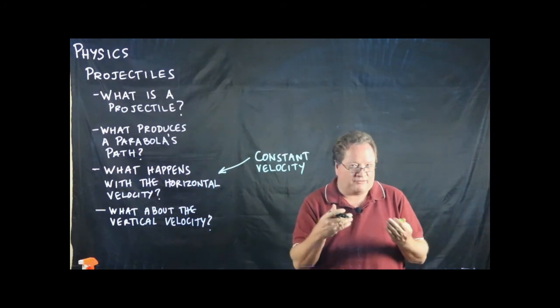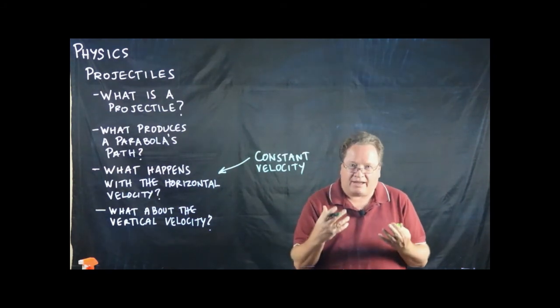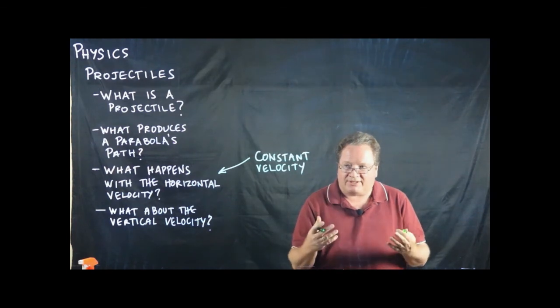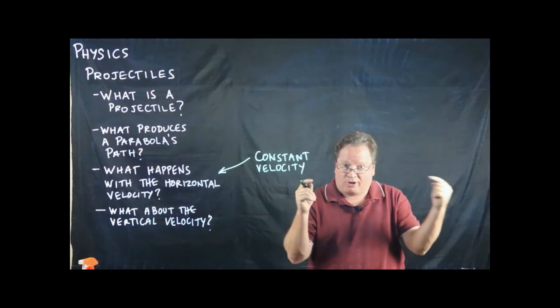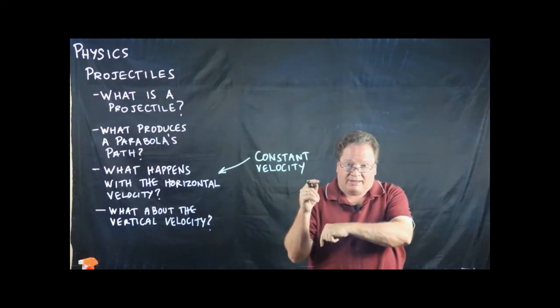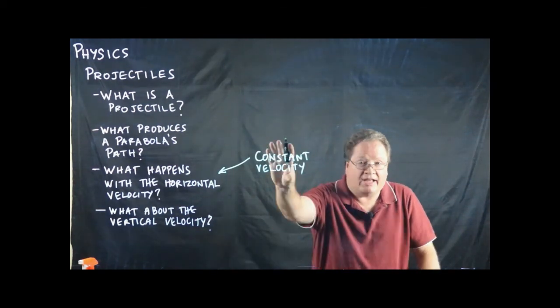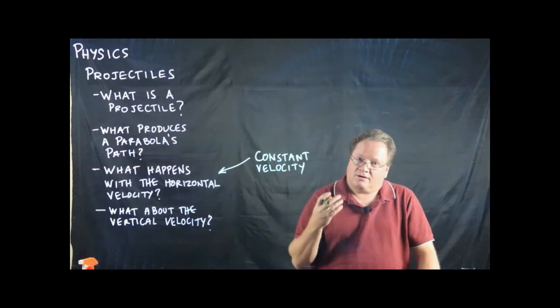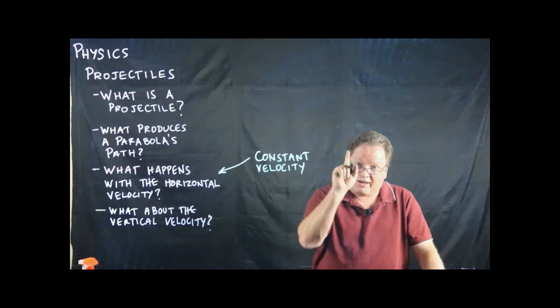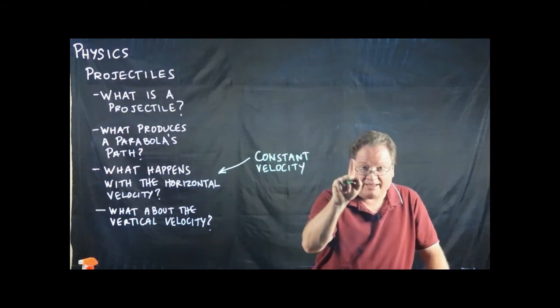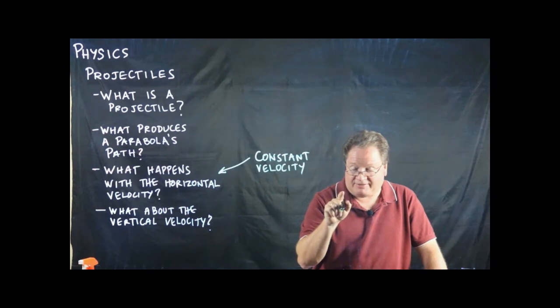Now, the reason for this should make total sense. Remember that just like free fall, we're ignoring air resistance. And air resistance would be the only thing that could provide any force as that ball moves horizontally. And without air resistance, the velocity should stay the same. Now, what that means is, if you ever want to know anything about the horizontal velocity of a projectile, there is only one formula that you will ever have to use.